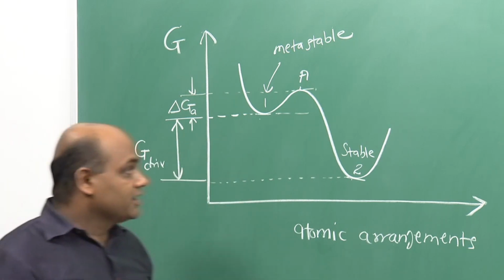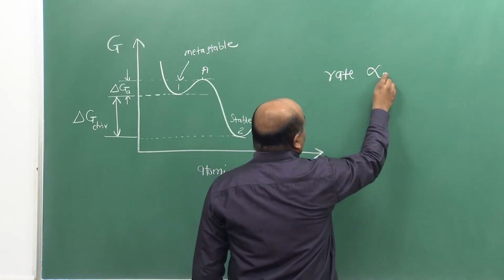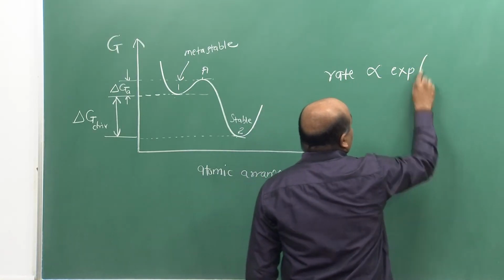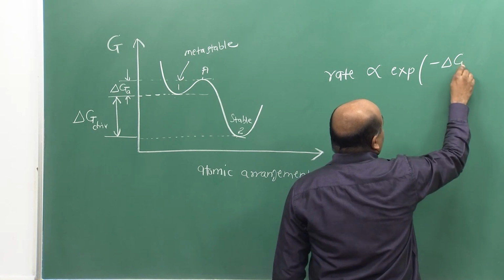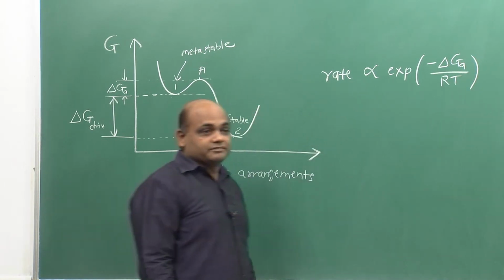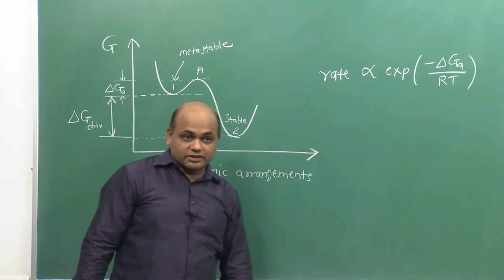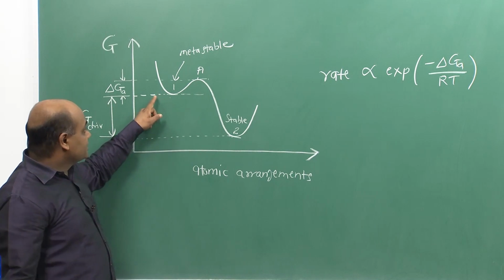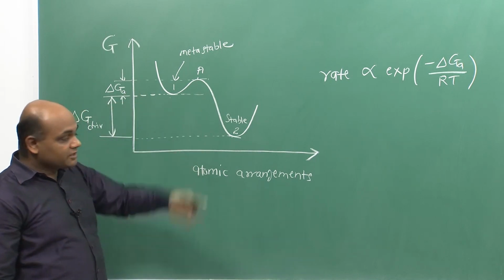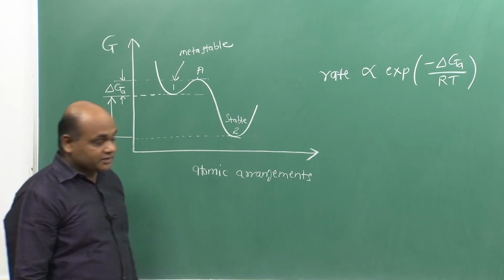In this particular case, the rate is proportional to exponential minus delta GA by RT. In the simple theory of kinetics, the rate is proportional to exponential of minus delta GA by RT, where delta GA represents the energy barrier or activation energy.